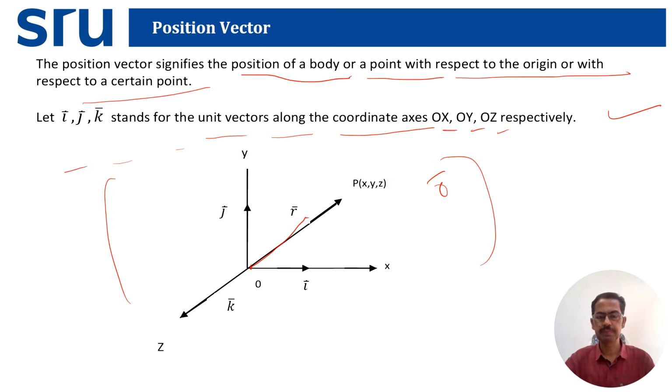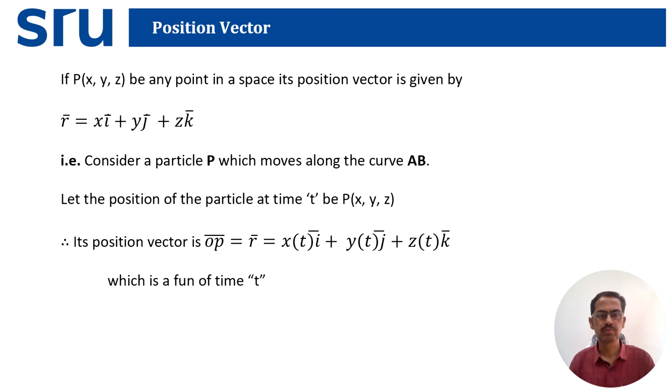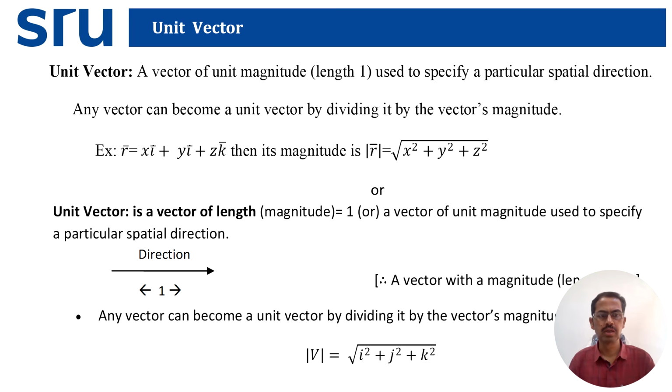And next is the unit vector. So what is a unit vector? A vector of unit magnitude, length 1, used to specify a particular spatial direction. Any vector can become a unit vector by dividing it by its magnitude.